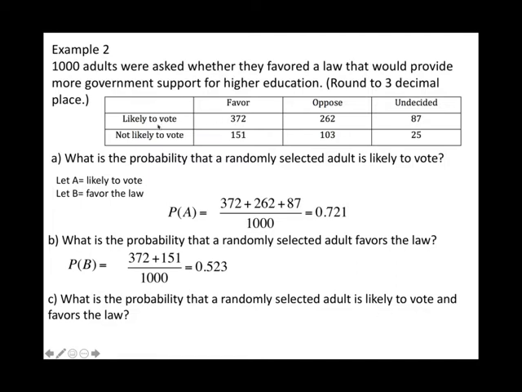Likely to vote is here, and favor the law, so it's this number. Only 372 people are likely to vote and favor the law. So write down the notation, probability of A and B. This notation means "and": A and B equals 372 divided by 1,000, the total outcome.